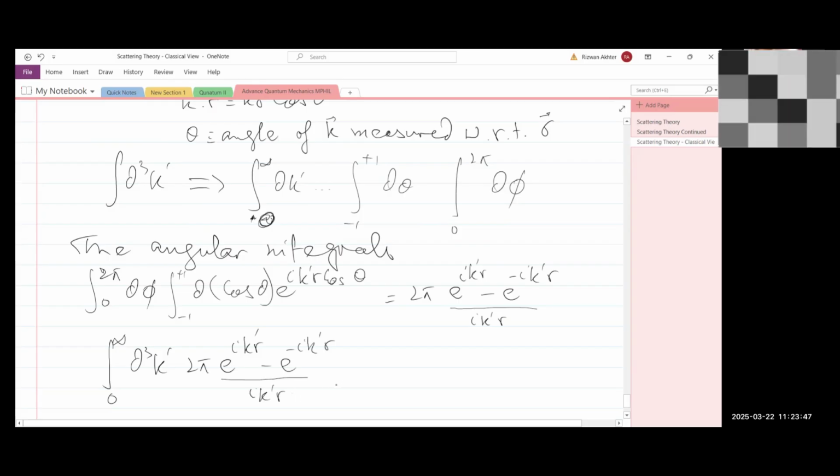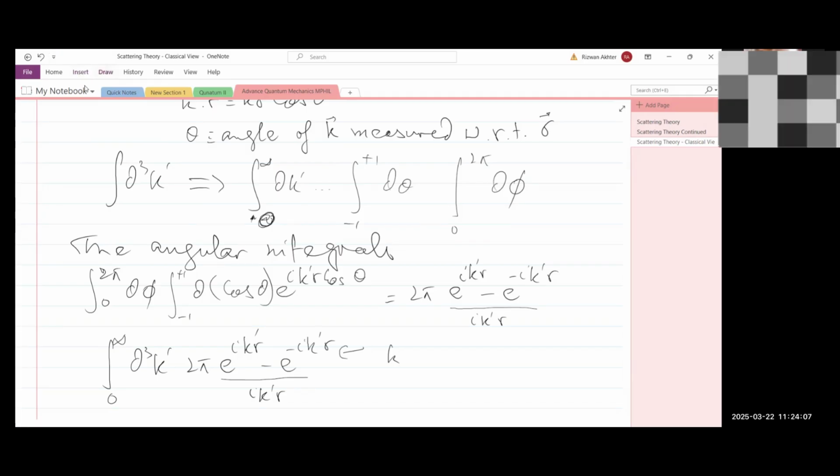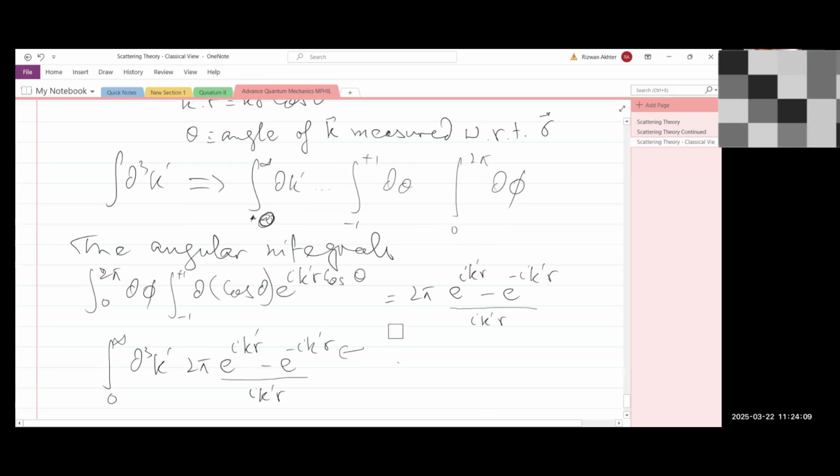Now, inside this, the second term in the numerator, these two terms are the same. First of all we should think about why these two terms are same. Let's talk about how the integration happens along the space.